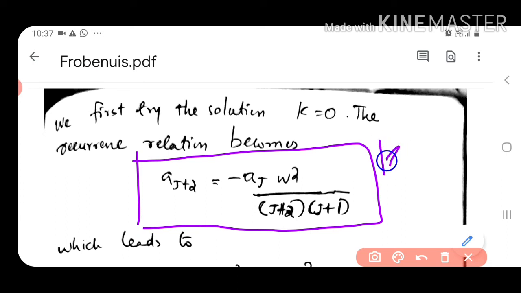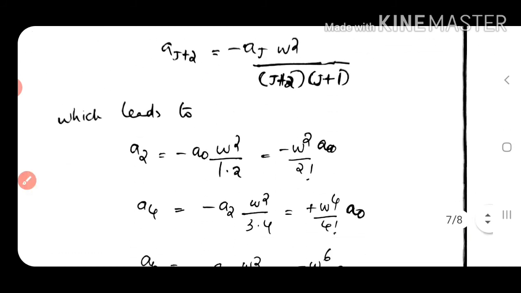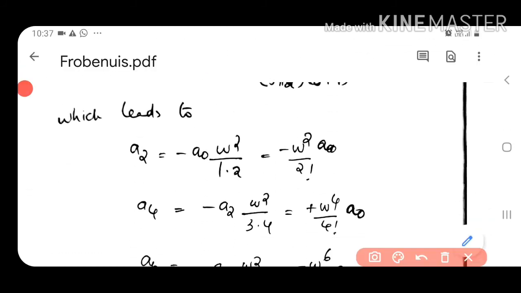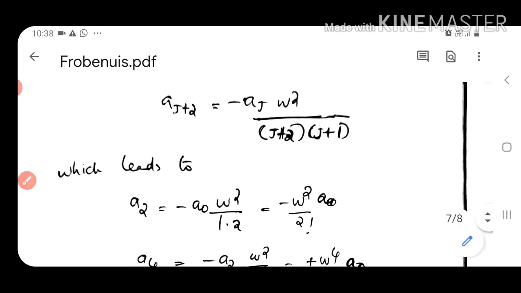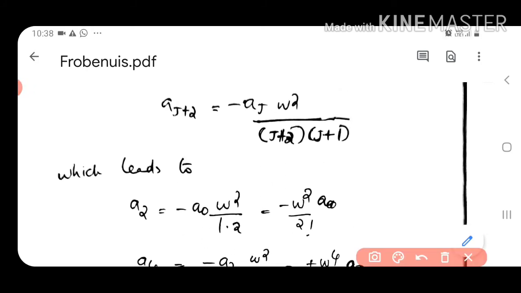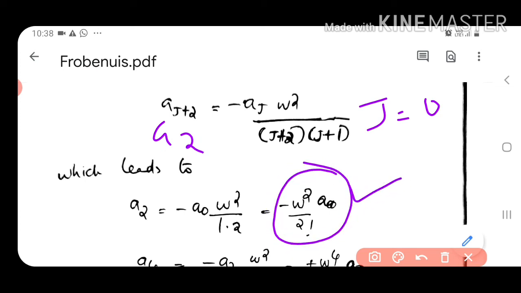We put k equal to 0 in the recurrence relation. Using this I can find a2. How do I get a2? If I put j equal to 0, I can get a2 here.